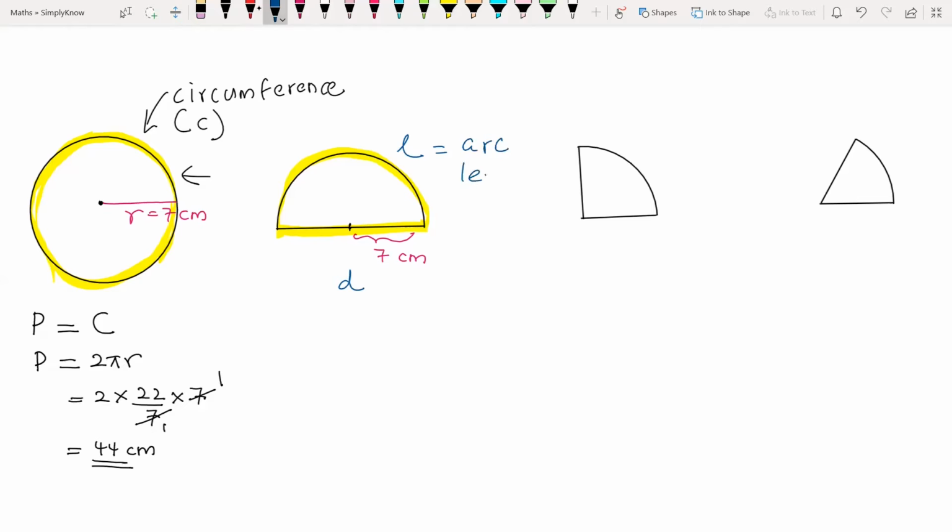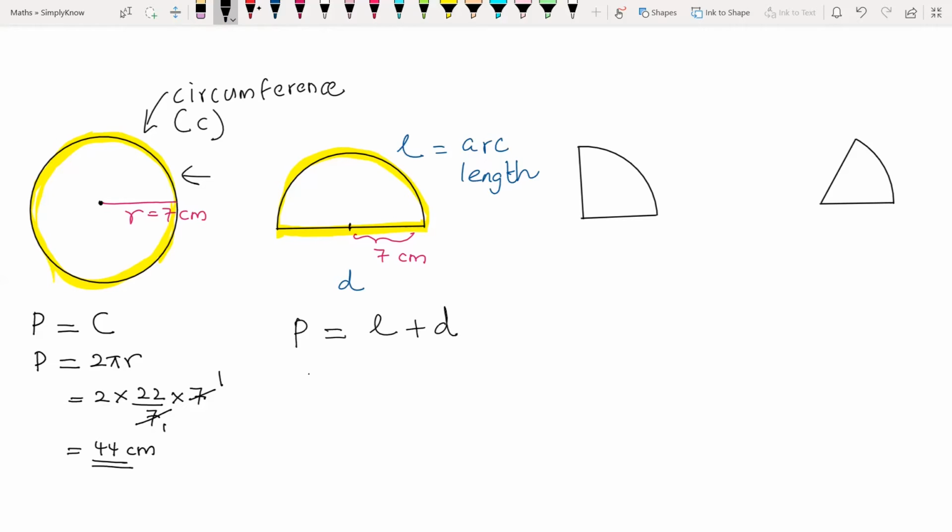Arc length. And it's obvious that the perimeter of this semicircle equals arc length plus the diameter.